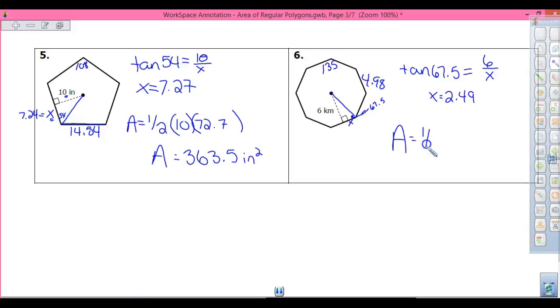So the area equals 1/2 times, what's my hypotenuse? 6 times... 119.52 kilometers squared.